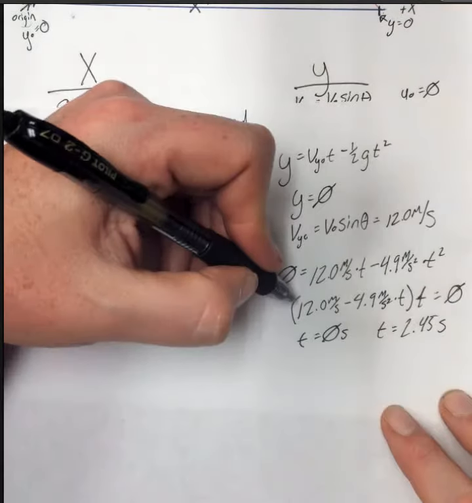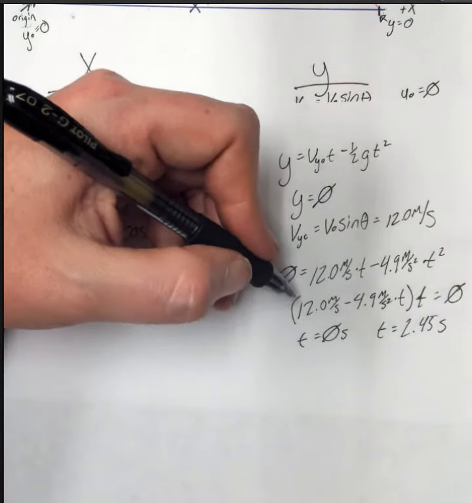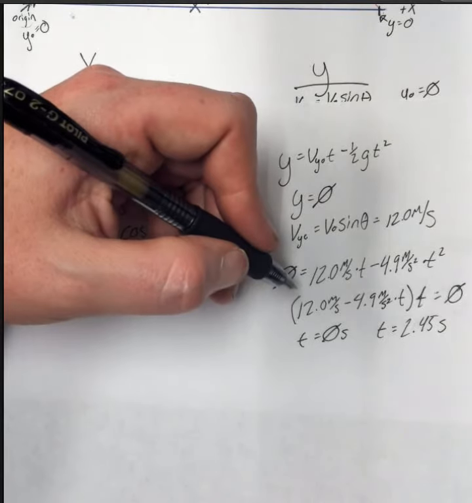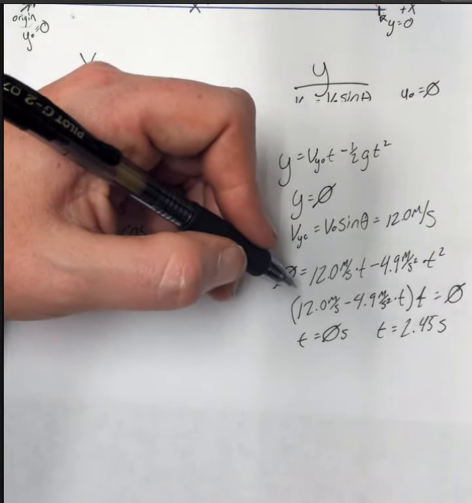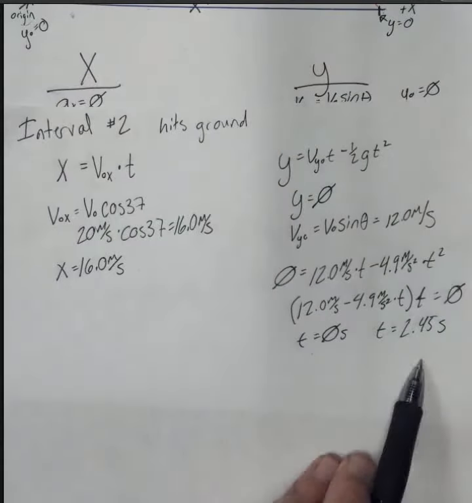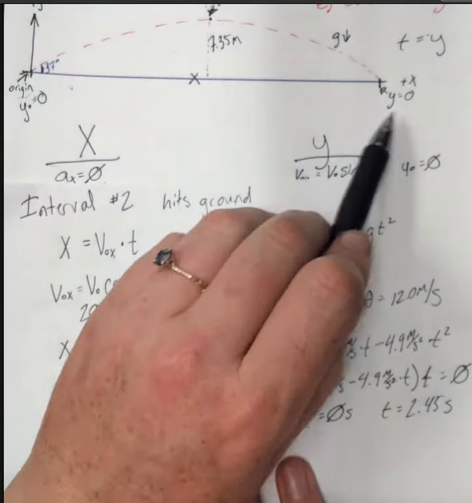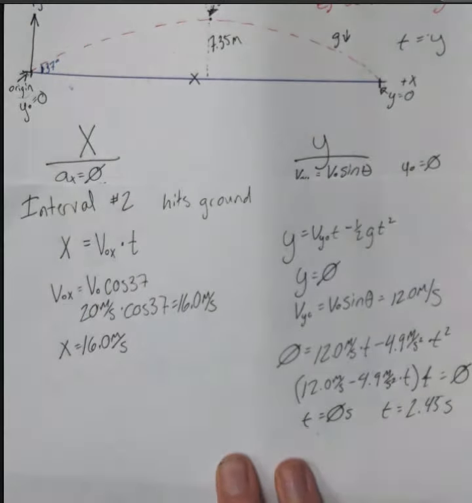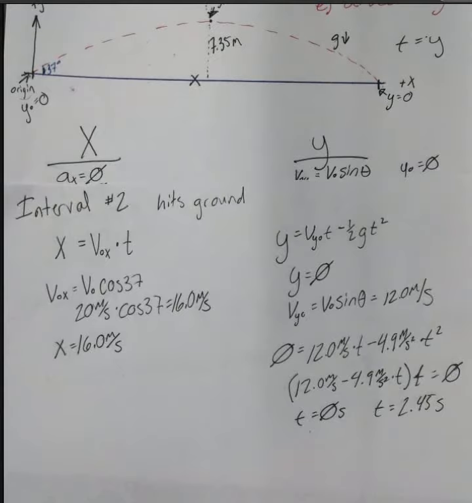That's 12 divided by 4.9, and I got 2.45 seconds. So these two time intervals represent the time over here and the time over there, the two times that the parabola crossed the x-axis.